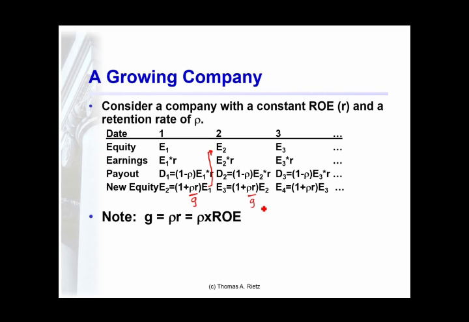Again, the growth rate is G. Also, because equity grew at the rate G, and dividends are a constant fraction of equity, dividends will grow at the rate G. Equity becomes higher the next period, you earn a slightly larger amount, keep a slightly larger amount, pay out a slightly larger amount, and again you have growth in equity.